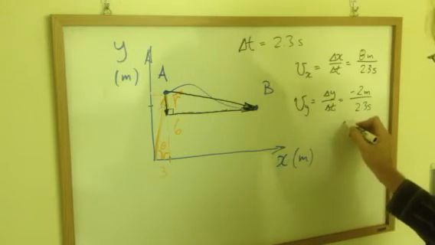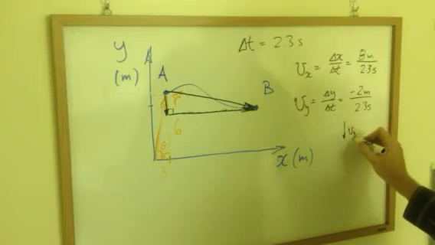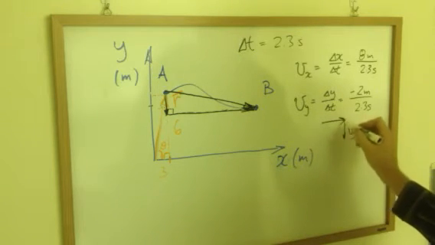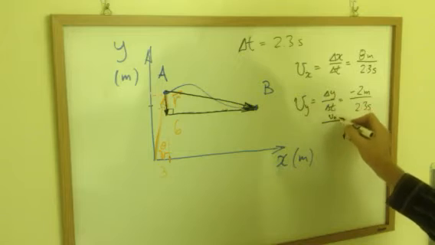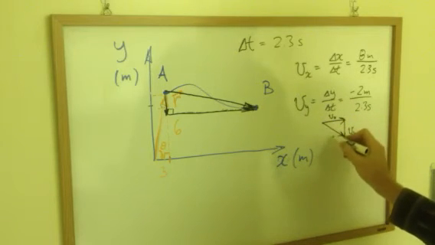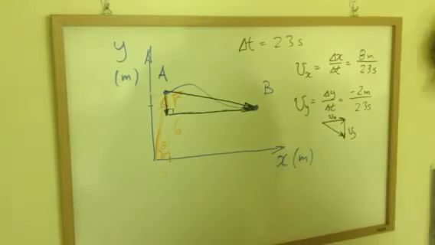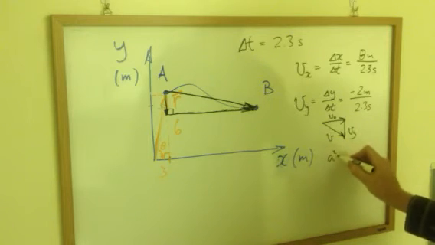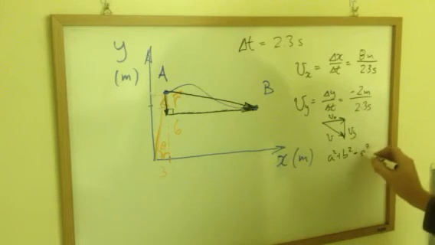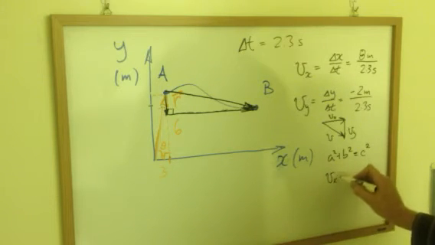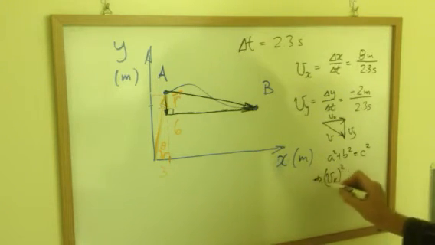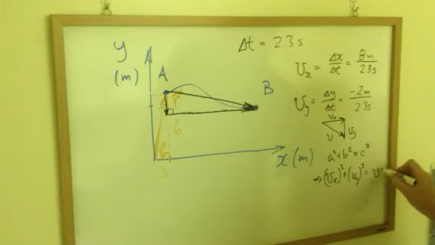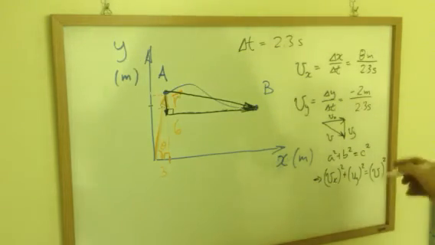I know the vertical component, I know the horizontal component, so I can calculate the hypotenuse, and I would use a squared plus b squared is equal to c squared, where vx squared plus vy squared is equal to the magnitude of the vector squared.